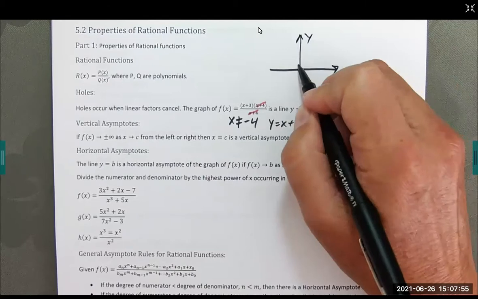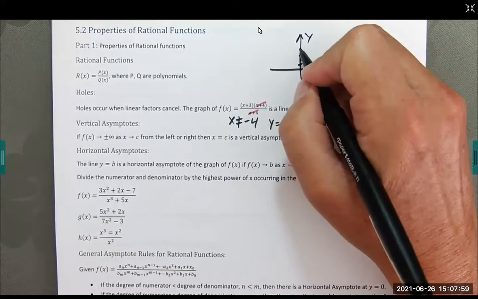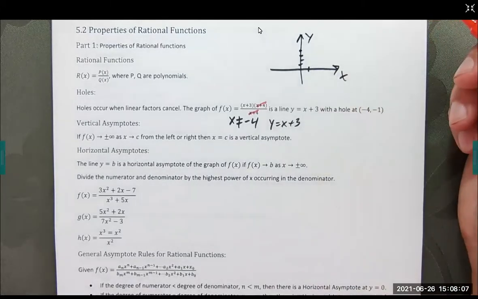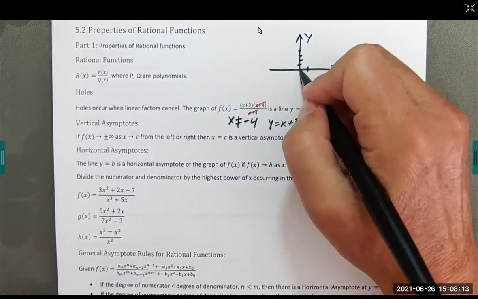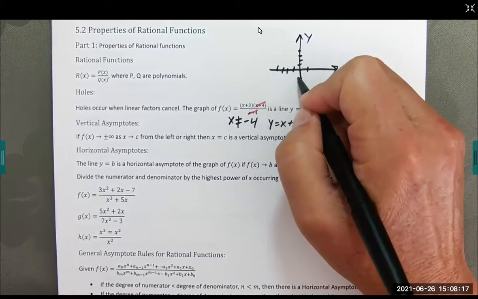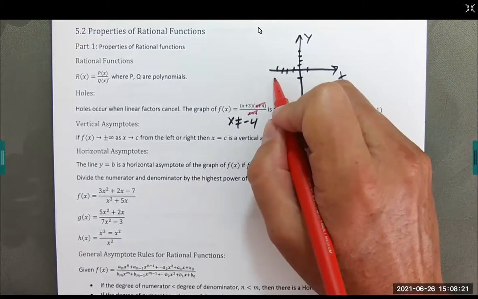So 1, 2, 3. Up 1 and over 1. So we are going to be here, and I'm going to put the hole in that is at negative 4, negative 1. I have to draw that bigger. So we are going to have a hole right here.